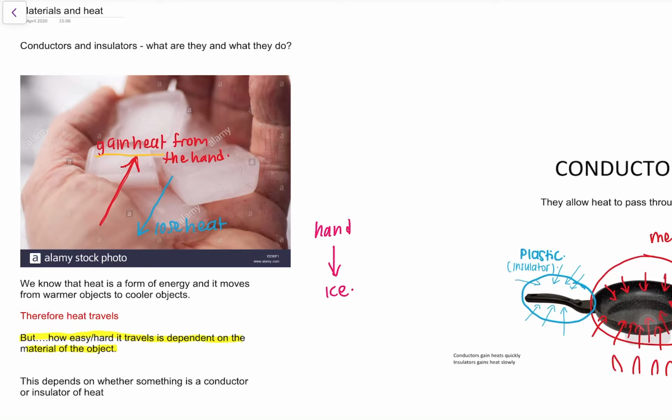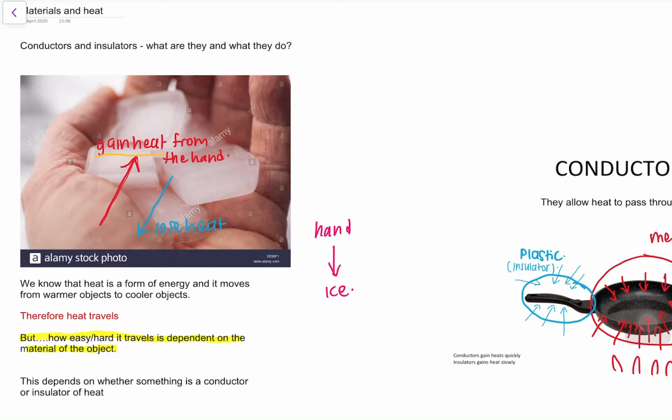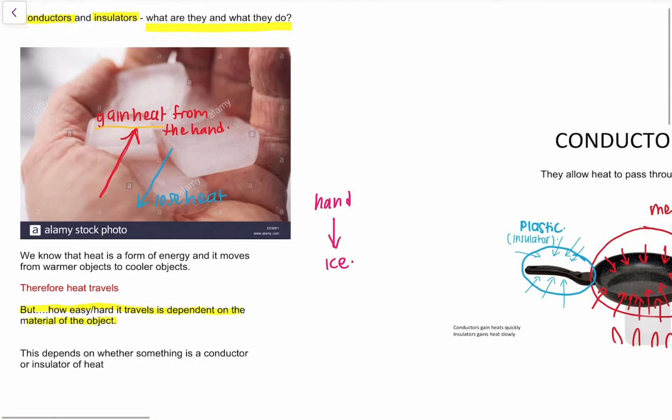Some of you may be wondering, what is the link between materials and heat? As you may have learned, when we are talking about materials and heat, you may hear some words such as conductors, insulators, and these can be properties of the material. Alright, so let's go through these 2 terms that I've just mentioned, conductors and insulators. What are they and what do they do? This will be a very important question that we will address.